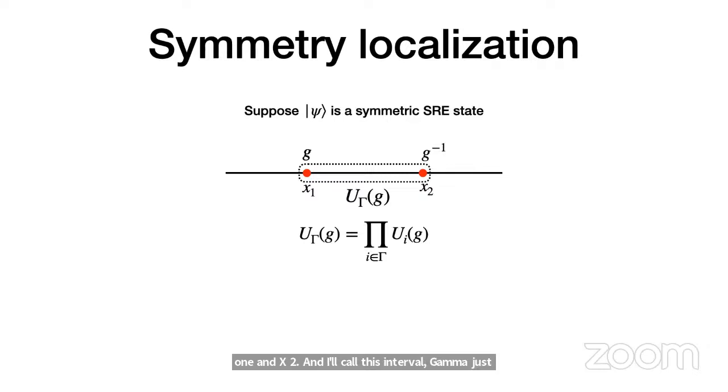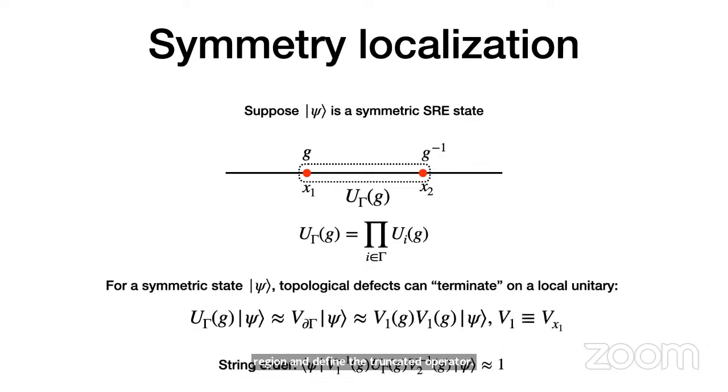Okay. So I have a global symmetry G, and take some element little g, and I've assumed that this is an on-site symmetry. It's just a product of unitaries on different sites of this chain. So I can truncate this unitary to this region gamma, basically in the obvious way. Just include all the sites in the region and define the truncated operator. Okay.